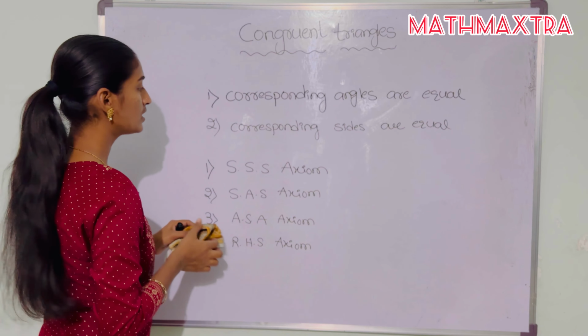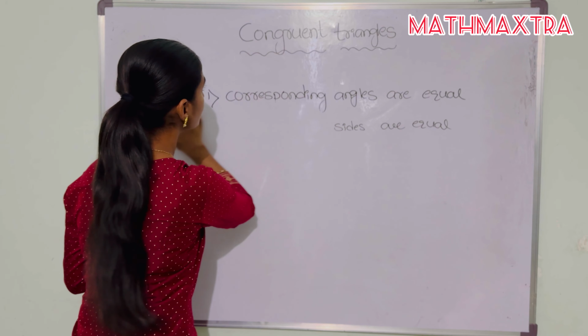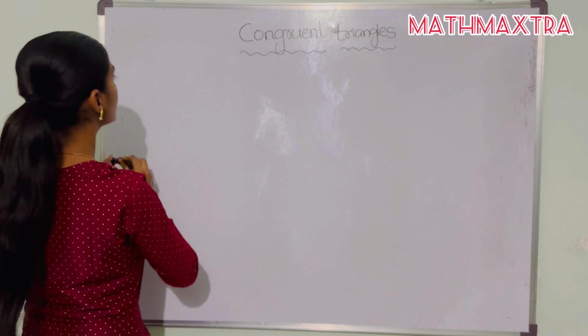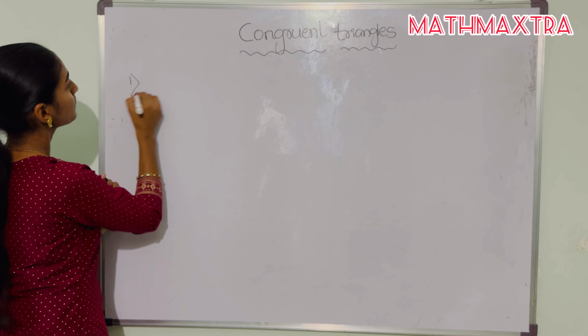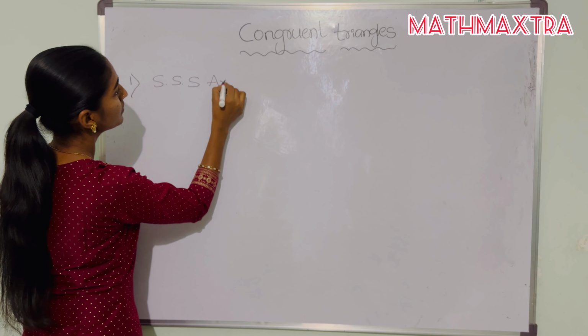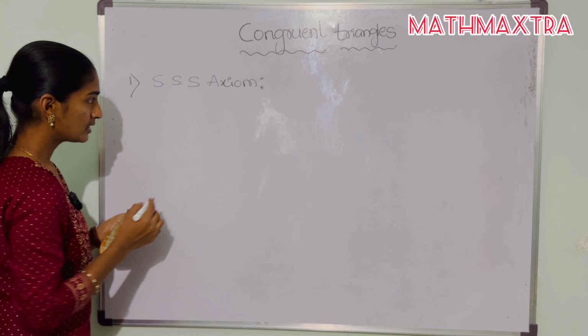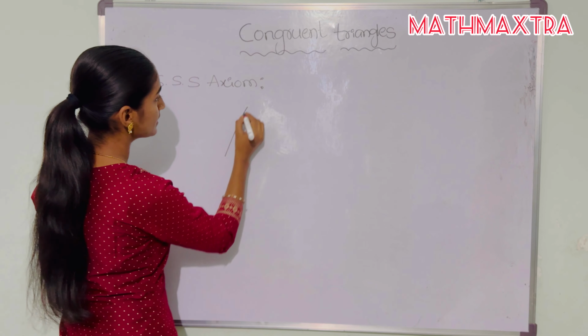Okay. So the first one is side, side, side axiom. So what is side, side, side axiom? See, you take two triangles.